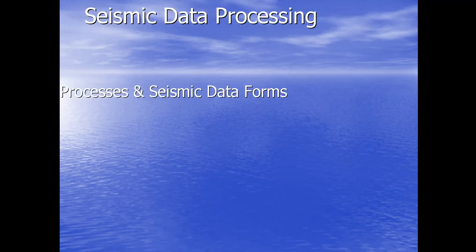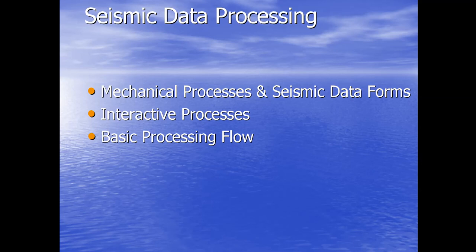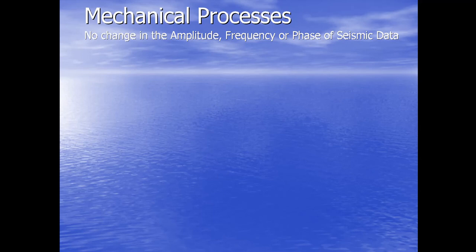In seismic data processing, we have the mechanical processes and seismic data forms, the second is the interactive process, the third is the basic processing flow, and then we'll discuss the detailed processing workflows. In mechanical processes, there is no change in the amplitude, frequency, or phase of the data.